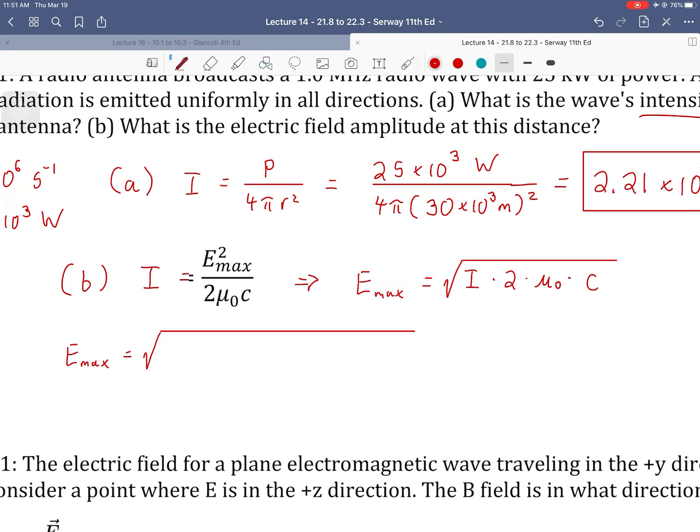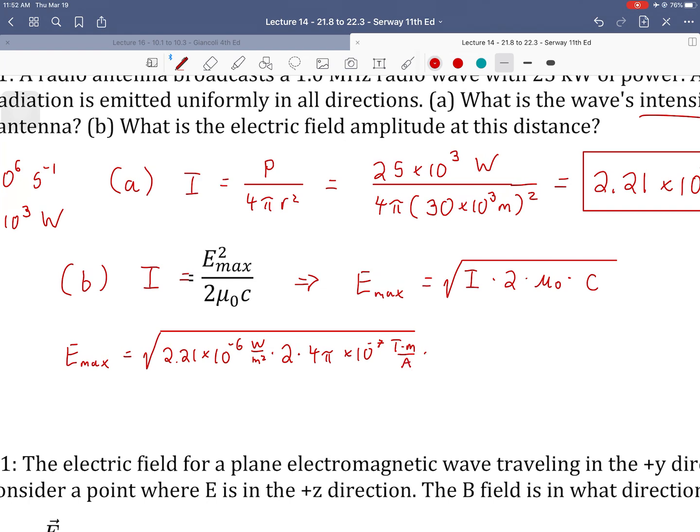So then we'll have the square root. We put in the 2.21 times 10 to the negative 6 watts per square meter, multiplied by 2, and then multiply by the permeability, 4 pi times 10 to the negative 7, in Tesla meters per amp.